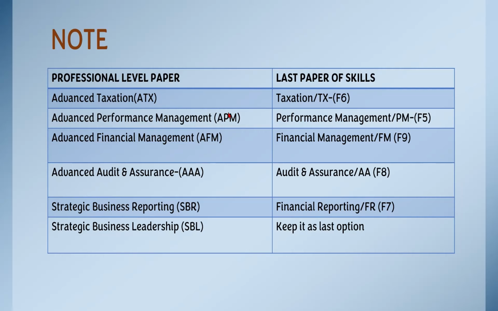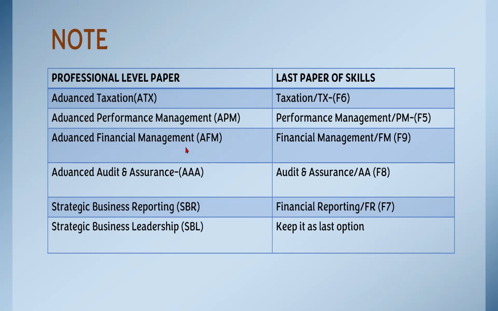Because we need the basics as well. Similarly, for AFM, if you are planning to choose AFM, then you can go with Financial Management as the last paper of the skills. Accordingly, if you are planning to take Advanced Audit and Assurance, you can go with Audit and Assurance as the last paper of your skills.